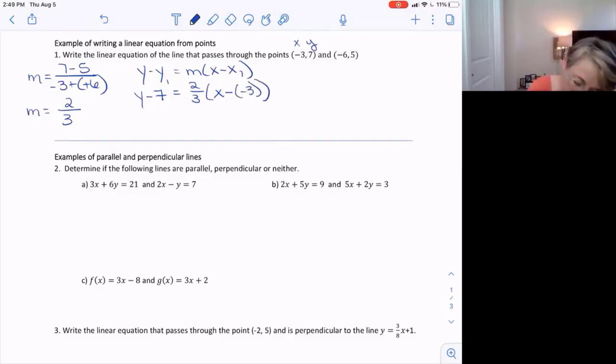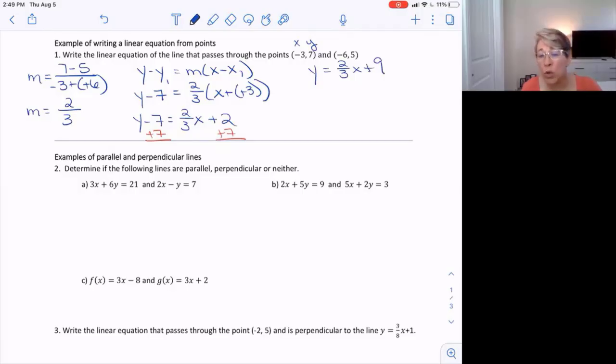Remember, minus a negative is plus a positive. So we get y minus 7 equals, when we distribute that 2/3, a 2/3 x plus the 2/3 times 3, we end up with a 2. Add that 7 to both sides. We get y equals 2/3 x plus 9.